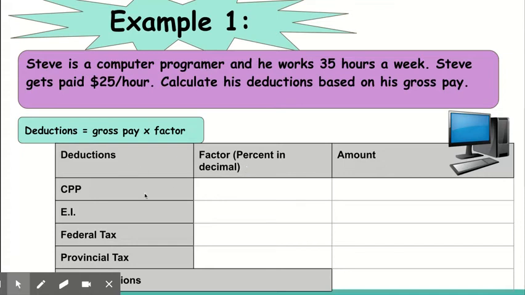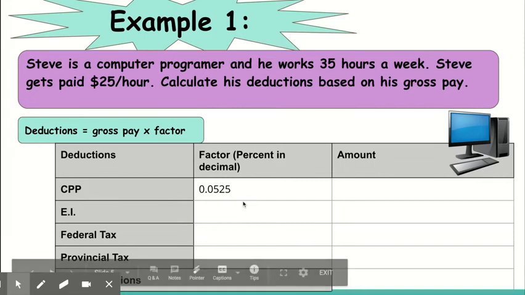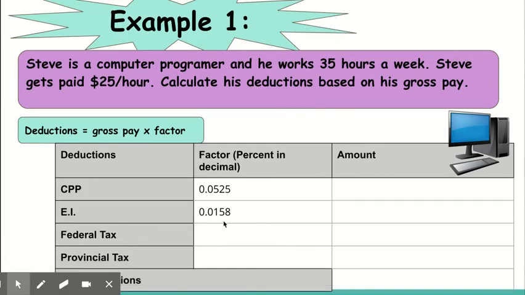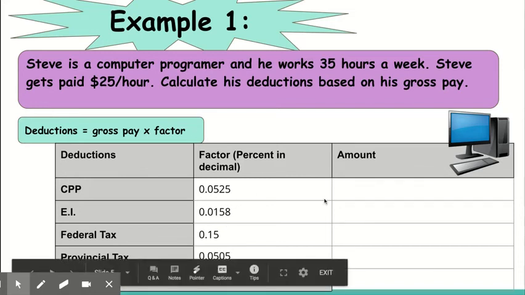So our CPP was 5.25%, so we changed it to this decimal. So this is the factor. Your EI was 1.58%, so this is the decimal for it. Federal tax was 15%, so it's 0.15. And provincial tax was 5.05%, so it's 0.0505.